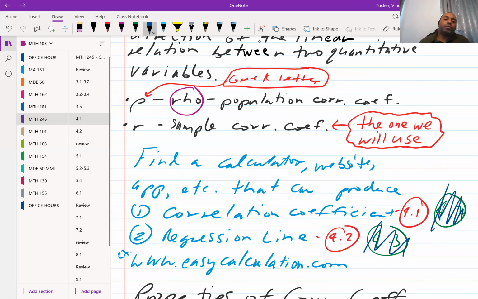All right, so in the blue, just like we did for the standard deviation and the variance, you want to find a calculator website or app or something of that nature that can produce the correlation coefficient for you. So once again, easycalculation.com is one that will work.